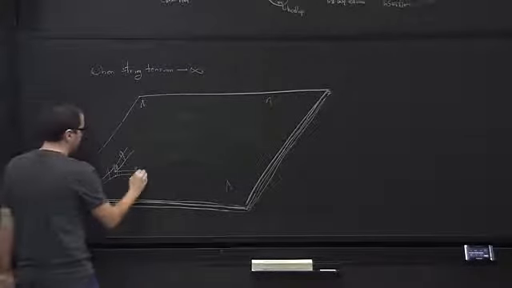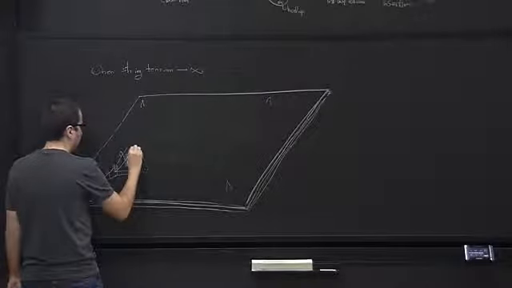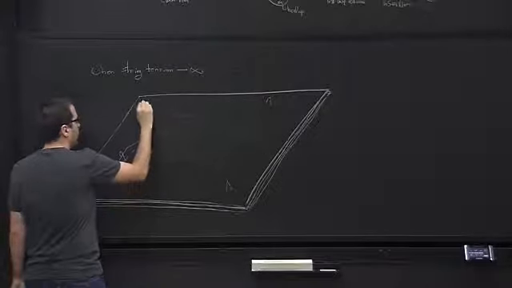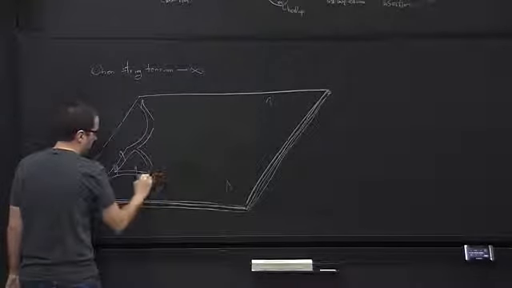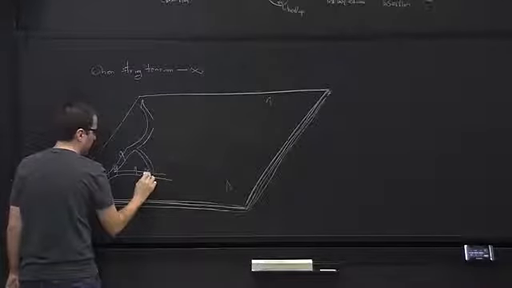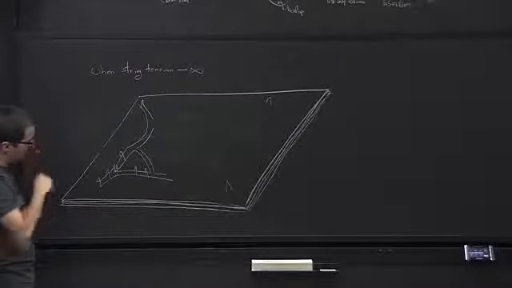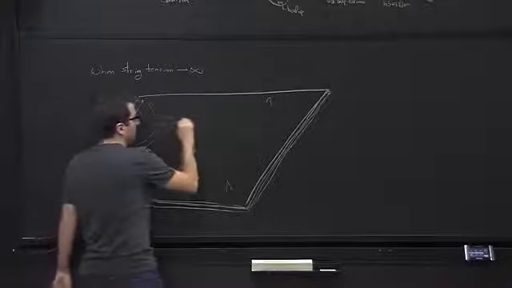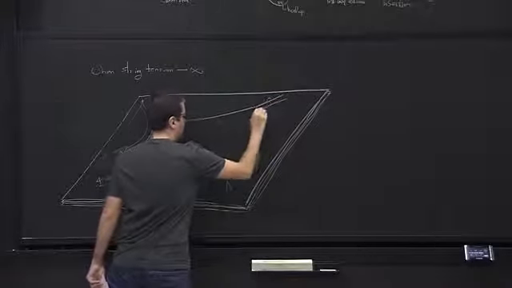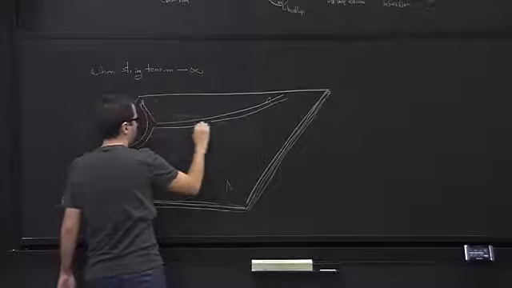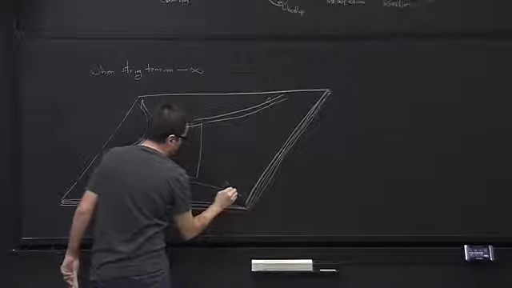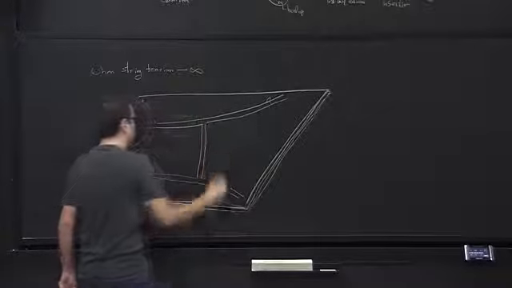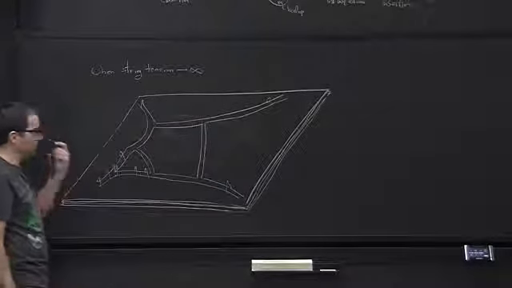Then this string can again split into two strings, and one can go, say, here. And this is again when the string splits into two strings. And so on. So this would be the natural diagram that we would draw if we started studying this open string scattering.